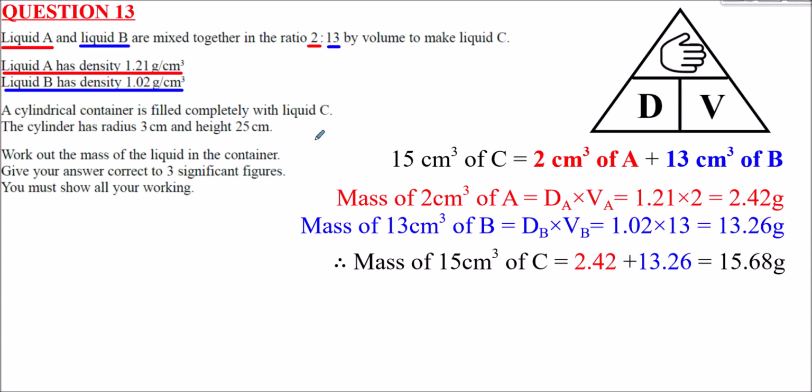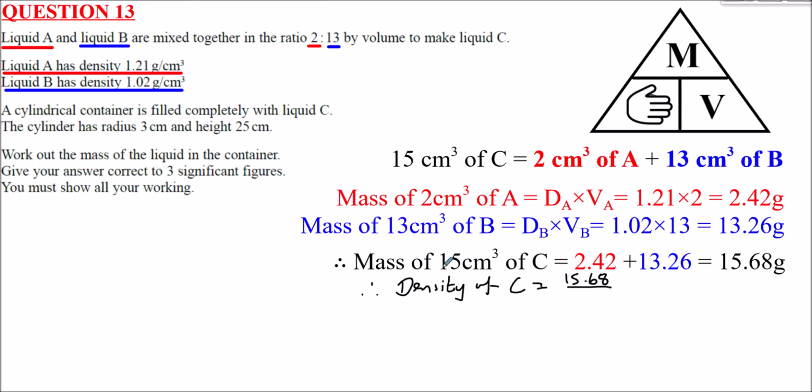So what we could do now, if we wanted to, is to work out the density of C. So therefore, the density of C, so to work out density, take the hand, cover up, it's going to be the mass of C, which we worked out was 15.68, divided by the volume of it.